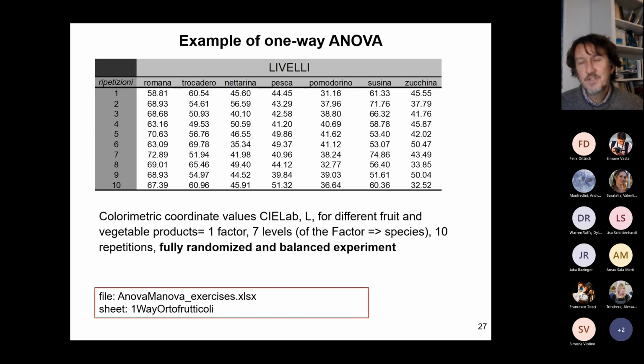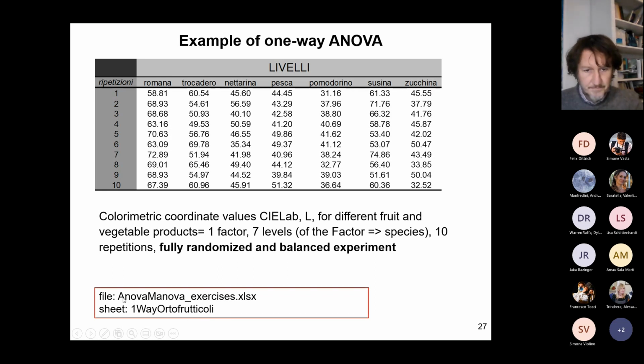I believe that this is important because looking at the calculation to extract an ANOVA serves not only as an exercise, but to understand well what an ANOVA does, and for an investigator, how to construct your experiment in order to be well adapted to the case study that you want to operate. So this is the example.